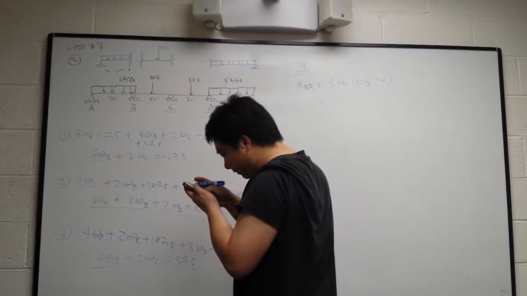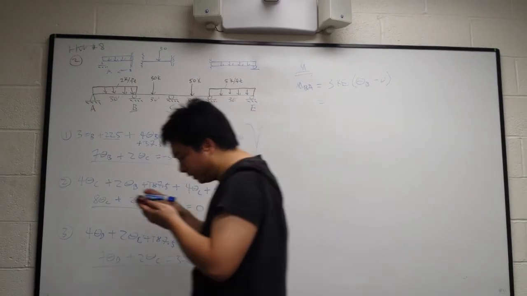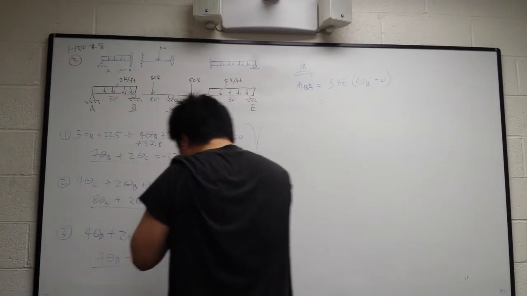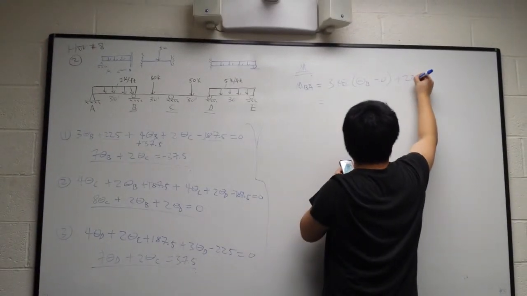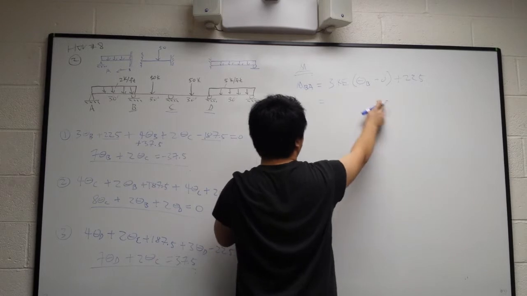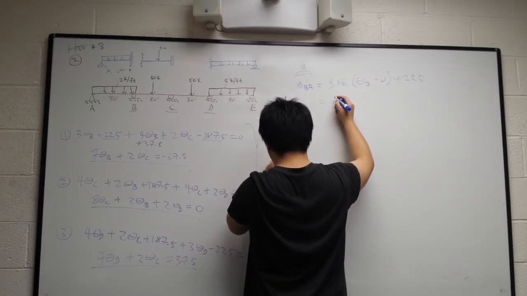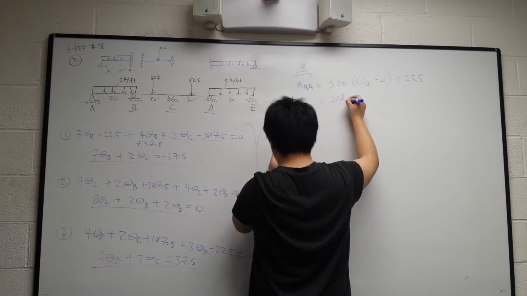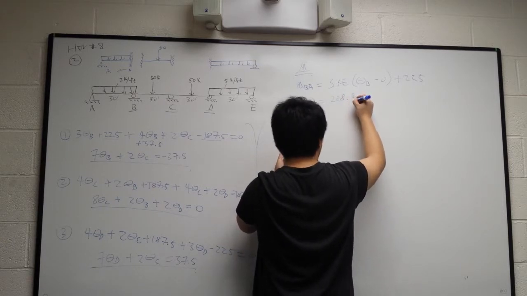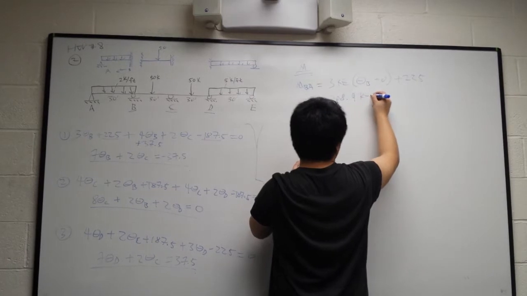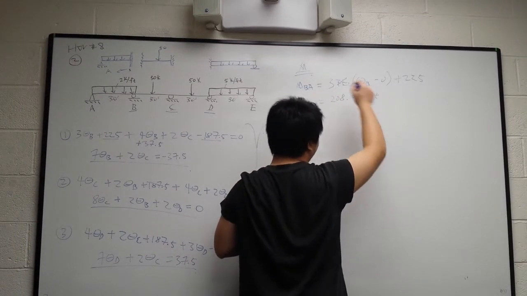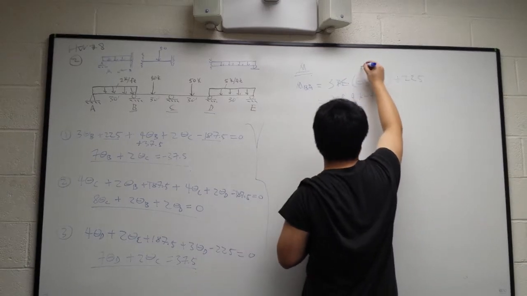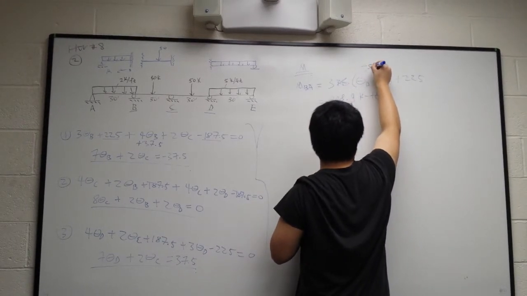And for BA, 3Ki plus 225. So in this case, you're gonna have 208.9 kip-feet. In this case, they are constant, so you don't have to worry about this. So you just put in negative 5 point.